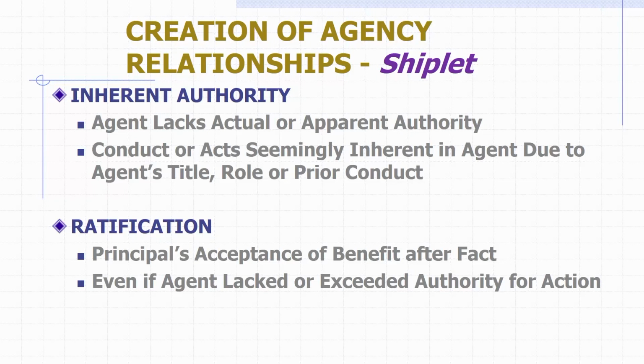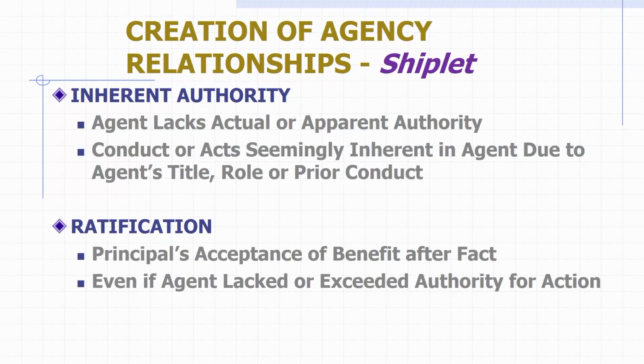And then, of course, there's always ratification. It's that idea if the principal says, well, they don't have actual authority, and I didn't manifest anything, and I don't think the authority is inherent in their role or prior conduct or their title. Well, if you hang on to the benefit, you can't later on say, well, if they fixed my air conditioner and it falls out of the window and damages somebody's car below, that wasn't within their authority, sorry, I'm not responsible.